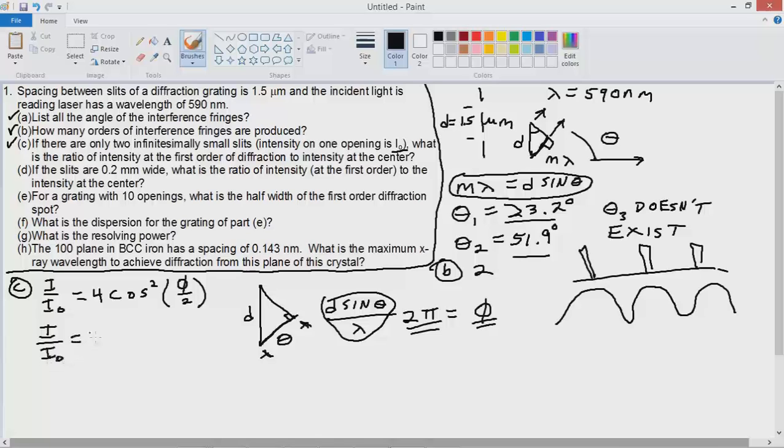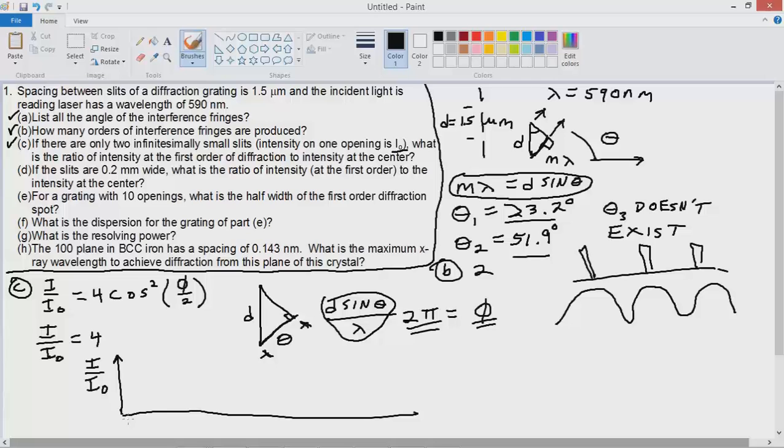Write down the formula. Remember, we have an intensity. Well, let's plot this. I sub O is the intensity at one of the spots.